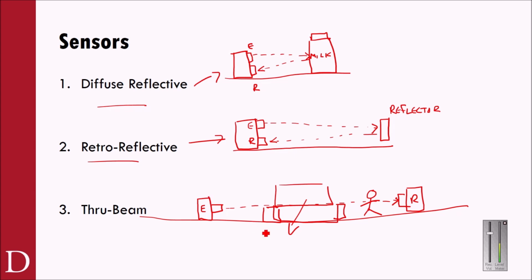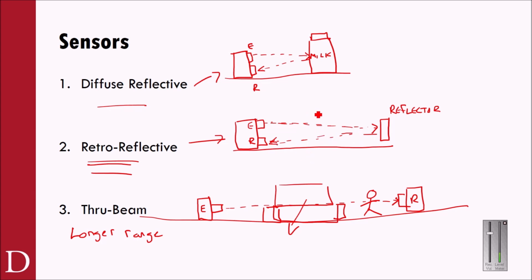The nice thing about the emitter receiver is you can get a longer range. And the reason why is the through beam is really nothing but a retroreflective sensor. But imagine what you're doing on the retroreflective is you bounce the signal back, right?